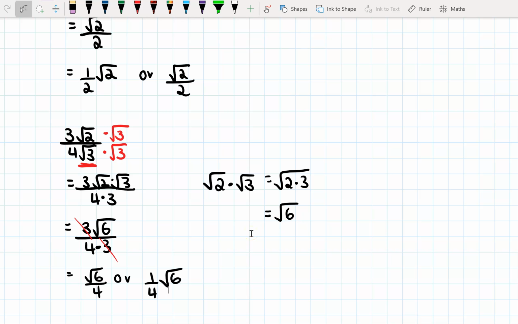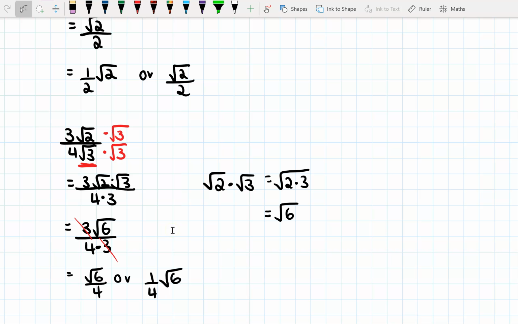But this is what we call rationalizing the denominator, and this is basically it. We can give you harder ones, however, at this stage we're not going to do that with you. That's something you'll probably do next year. It's not really so important that you do the harder ones for now.